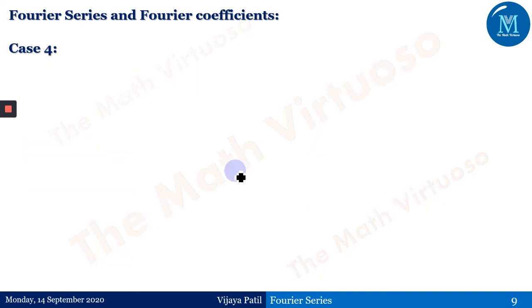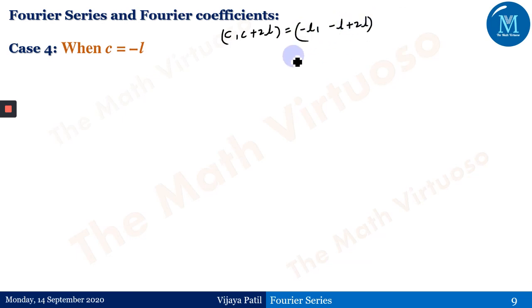Then case 4 is if C is equal to minus L. So the interval is C to C plus 2L. Out of that, I have got C as minus L plus 2L. This becomes L, so the interval becomes minus L to L. And what is the value of L over here? The value of L is equal to L only.